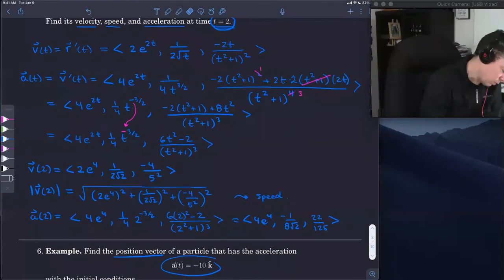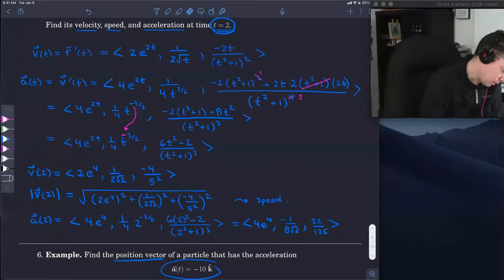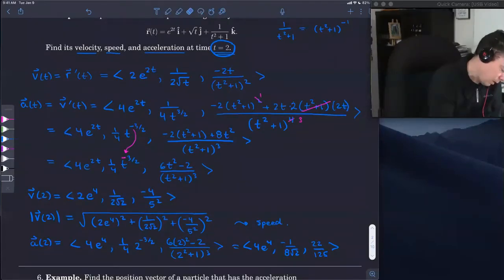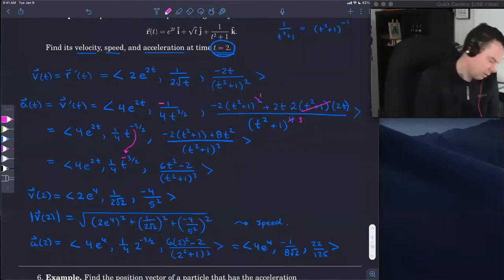So when I took the first derivative, I got v, and then when I took the derivative again for acceleration, oh, I missed the negative sign. So there is a negative sign here, right? Because down here is square root of t. If I think of it as a power, that's t to the negative a half.